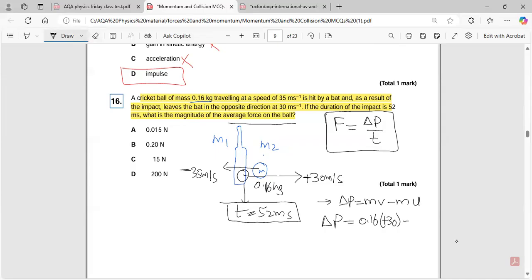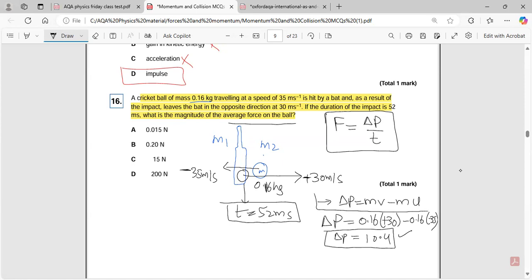So this is plus 30 times 0.16, and the initial velocity was minus 35. Now you solve it. So the change in momentum of the ball is 10.4. This is very important.